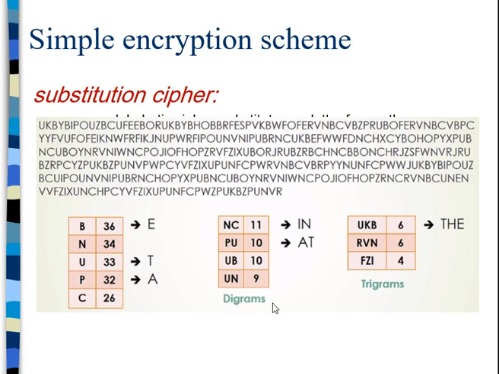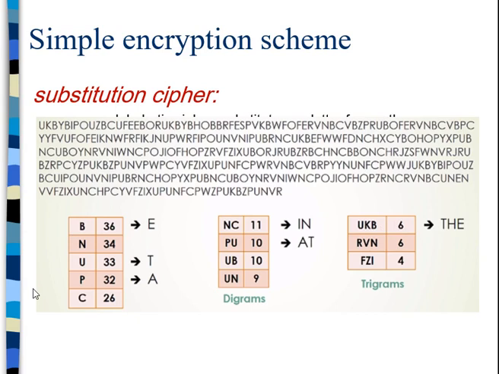And for digrams, in this text, NC is repeated more than other digrams. Hence, it could be IN. And finally, for trigrams, UKB is the most frequent. Hence, we can guess that it is the encryption of THE in English.